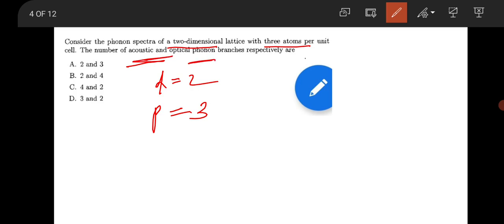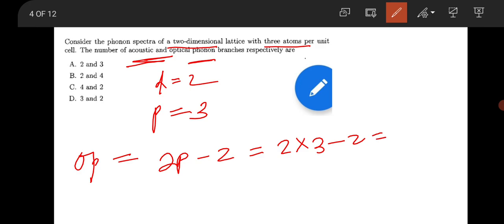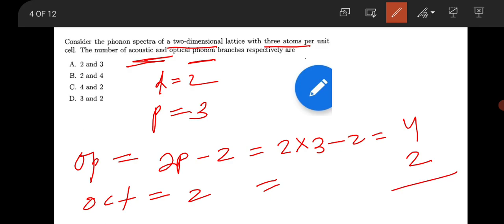As you know, the number of optical modes for 2 dimensions is 2p minus 2. So it will be 2 into 3 minus 2, that is 6 minus 2 equal to 4. The number of acoustical modes is equal to 2. So 4 and 2 will be the correct answer. So option C will be the correct answer.